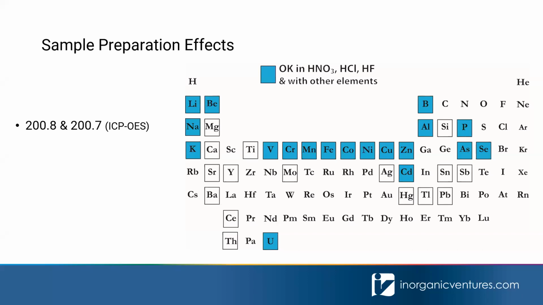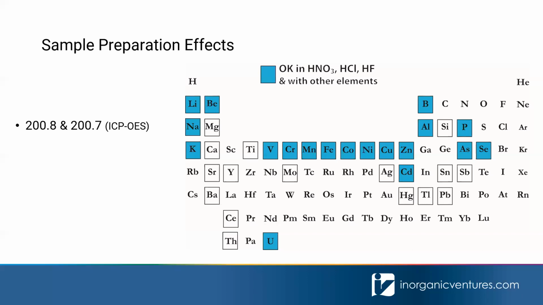And the reason I think this is beneficial is because regardless of your sample preparation, you might have different instruments in your lab that you could choose from. And it's possible that even though you might be solely doing 200.8, in the future, you might expand your element list to include other environmental analytes.